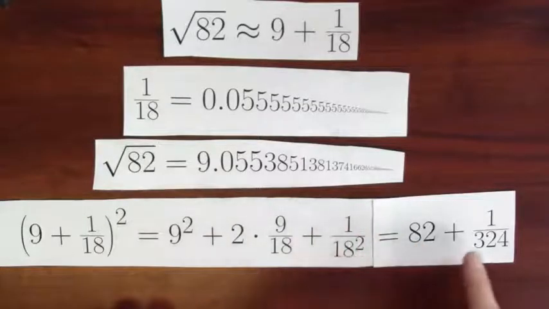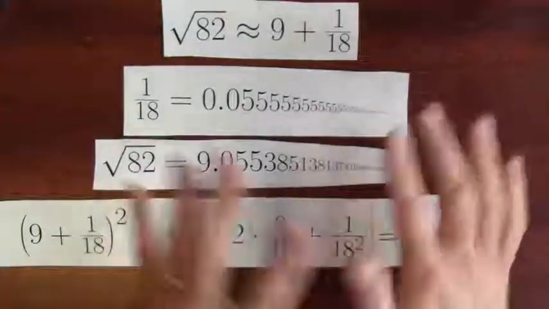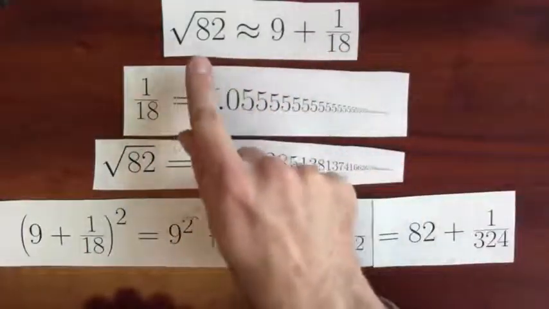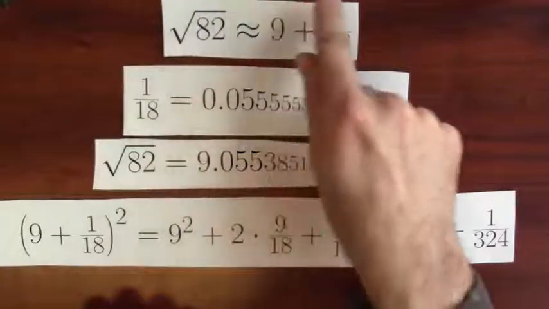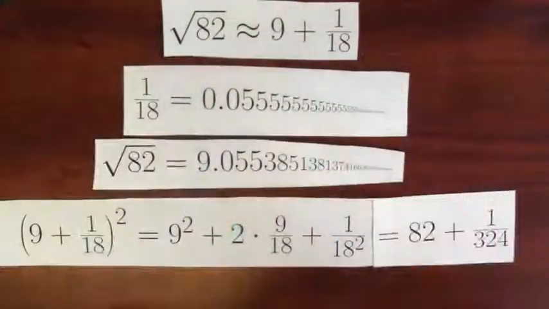And 1 over 18 squared is the very small number 1 over 324. So either way you look at it, we're doing pretty good to guess that the square root of 82 is about this. And we're doing it with derivatives. Again, it's derivatives for the win. By relating the input change to the output change, we're able to estimate the values of functions that would be very hard to access directly.